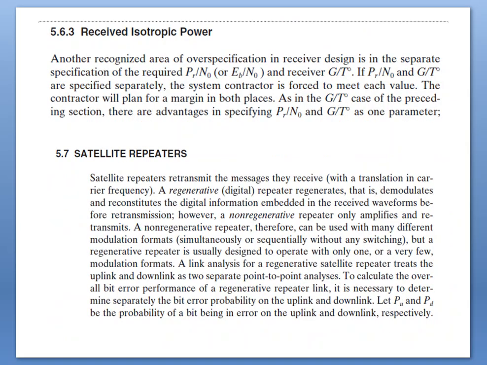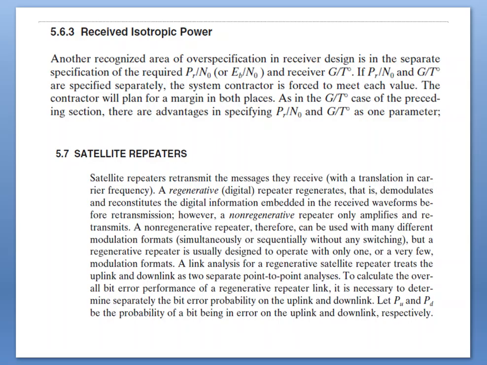Coming to the received isotropic power, another recognized area of over-specification in the receiver design is in the separate specifications of required PR by N naught and G by T naught on the receiver side.